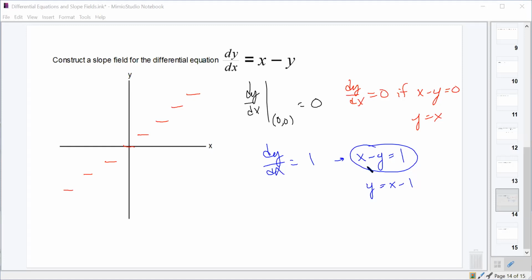Would everybody agree that x minus y equals 1 would be the same as y equals x minus 1? Yeah. Okay. So anywhere along the line y equals x minus 1, we should have slopes of 1. So x minus 1 has the same slope as y equals x, but it starts down at minus 1. So all of these should be a slope of 1. Good or no?